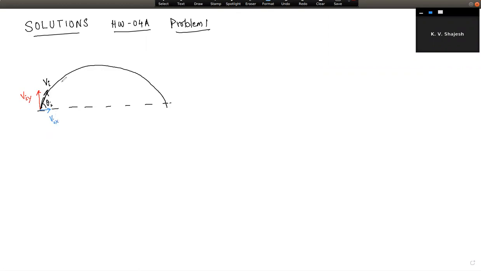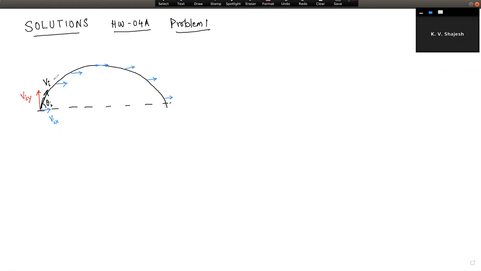Now, the nice part of projectile motion is that the x component is not accelerating. That means its velocity stays the same in the horizontal direction. Everywhere it stays the same. Even while it is right on the top, this stays the same in length, and that represents that.